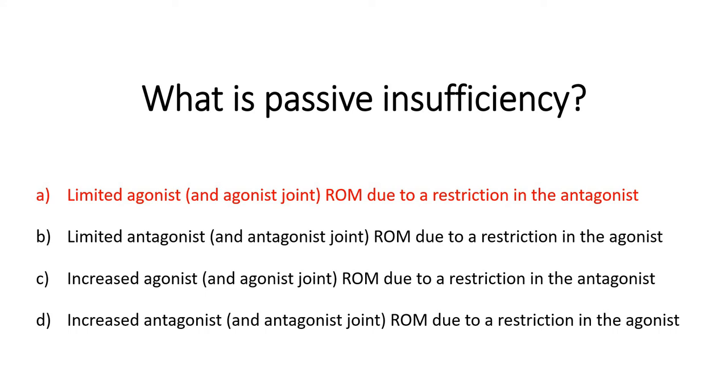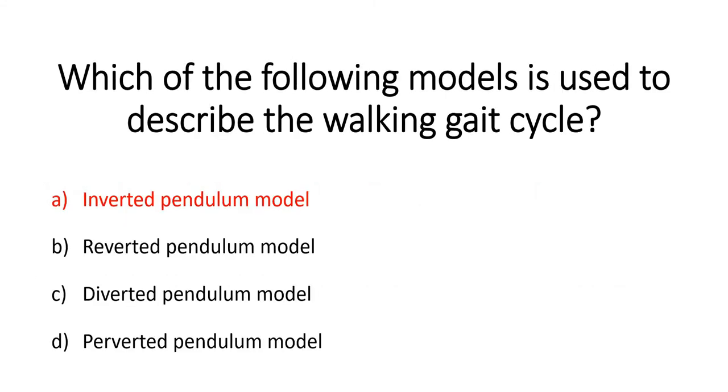Okay, question 3. The answer was the inverted pendulum model. Not much to say here either. So this is the model that has been doing the rounds for quite a while now, that explains the human gait cycle based on the movement of the centre of mass over the stance limb from one leg to the other.